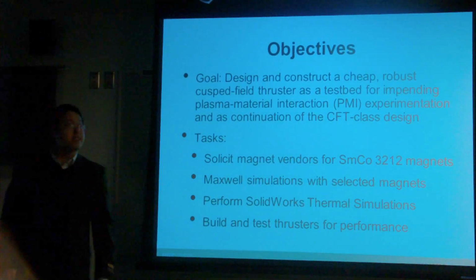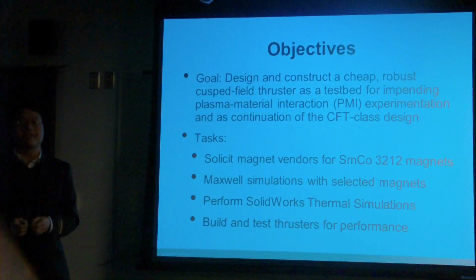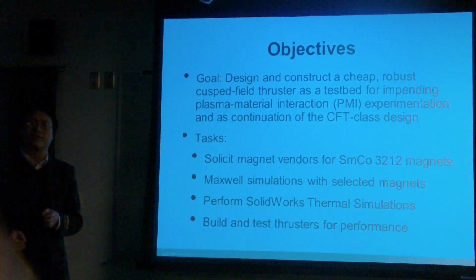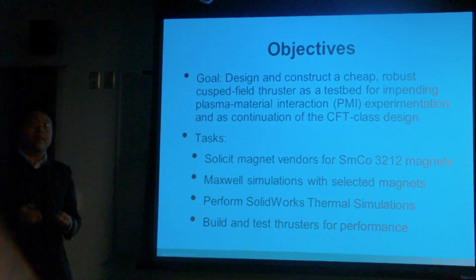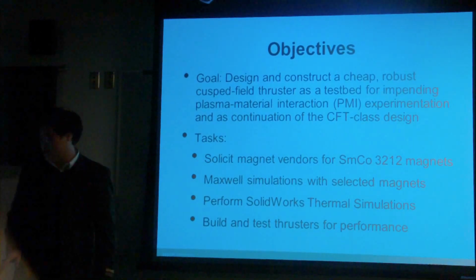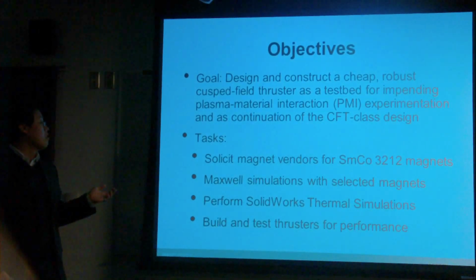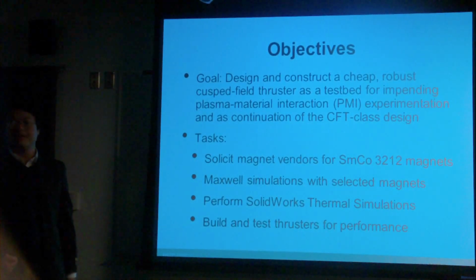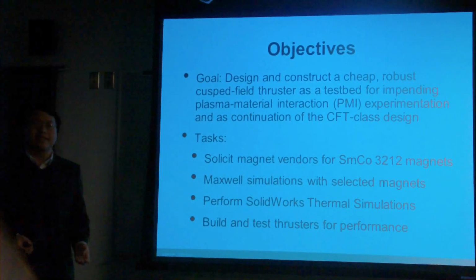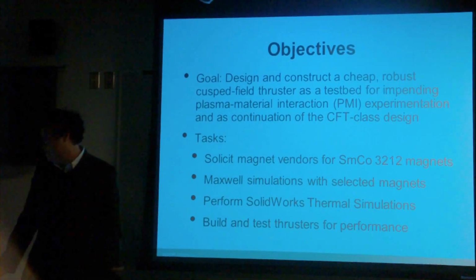In the process, I had to consider the most important aspect of the DCFT, which is the magnetic topography, which really decides ionization factors, containment of electrons, etc., all critical aspects of Hall thrusters, and in our case, diverging Cusped thrusters. The objectives I pretty much outlined here, and this is still an ongoing project. We've come up with a viable design, but we still have to build and test these designs to see if our efforts have been successful.